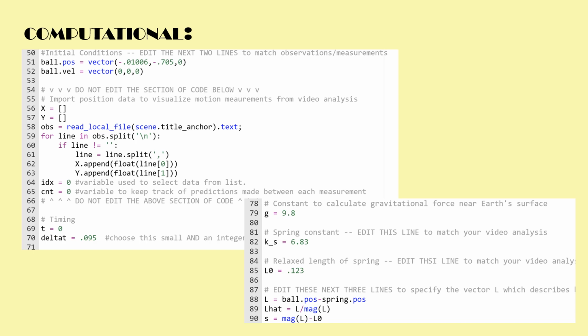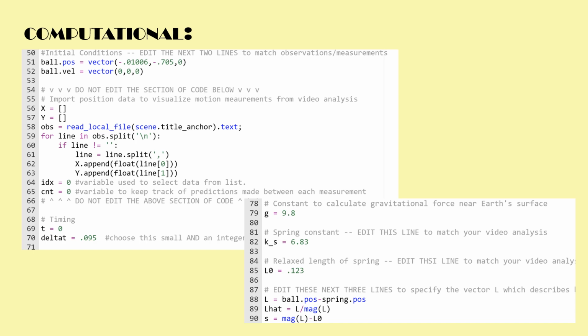We are going to use the values that we got from Tracker analyzing the motion of the spring, but that comes after we get all of the coding correct. First of all, we have the initial conditions of the spring, and then we do the delta t, which is the time intervals. We set this on Tracker.